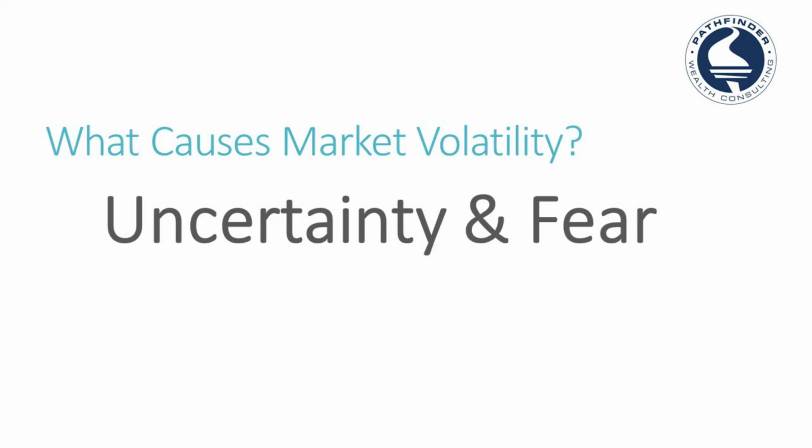So that's what's causing a lot of the volatility right now, the uncertainty of what this impact is going to be on company earnings, on the GDP, the main measure of growth in the United States. A lot of uncertainty of what that's going to do, and of course the volatility is magnified by the fear that's out there.